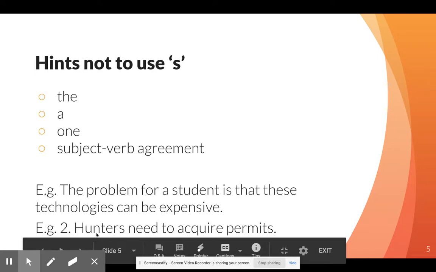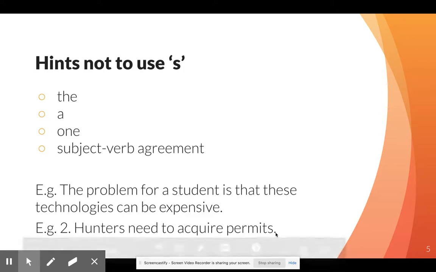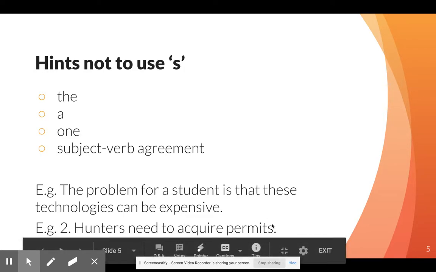So if it was a hunter, I would need an S on the end of this. Because there's no S, I know this has to be a plural subject, so I cannot say hunter need to acquire permits. I can say a hunter needs to acquire permits or hunters need. This is important. So if there's an S on the noun, if that's plural, your verb does not have an S.